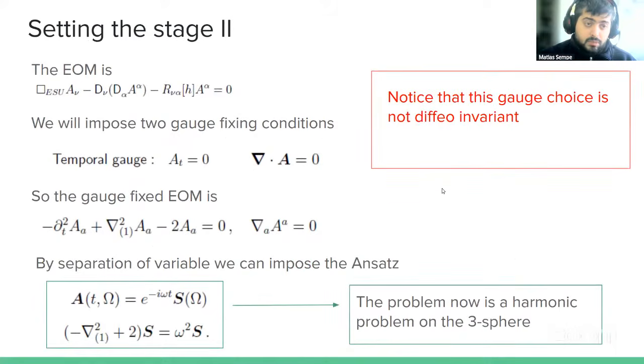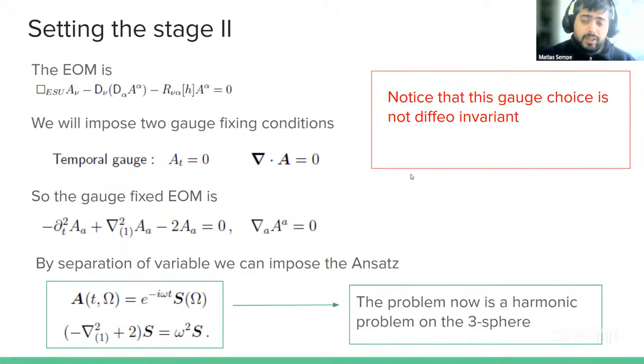So we can put the equation of motion: the contraction of the covariant derivative with F mu nu. We can start commuting things, we will get this. And we'll put the Einstein static universe, and we will additionally use the temporal gauge, where A0 is equal to 0.